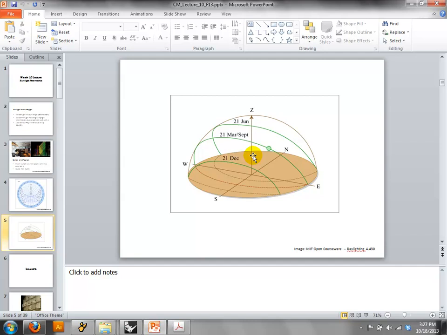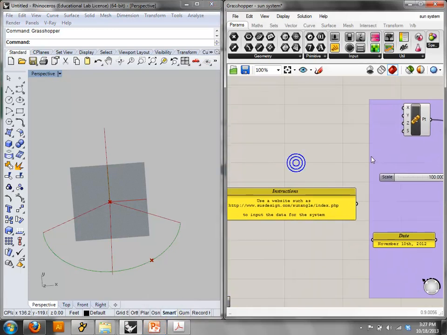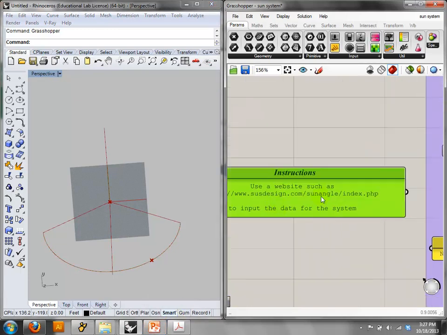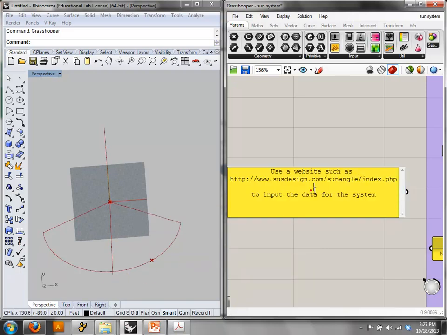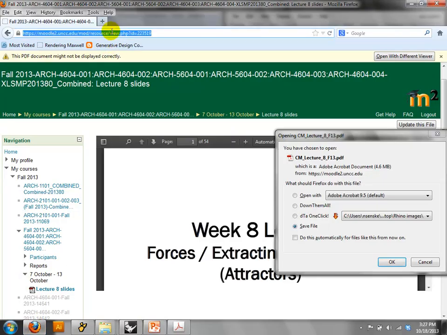There's an angle of rise, okay? And I can't get that in Grasshopper. There's no way. So what I can do is go to a website, and I've actually got this here, sustainabledesign.com, sun angle. Hopefully my browser is going to work here. And I get these angles by going to this website.